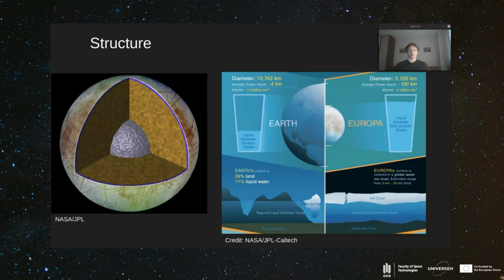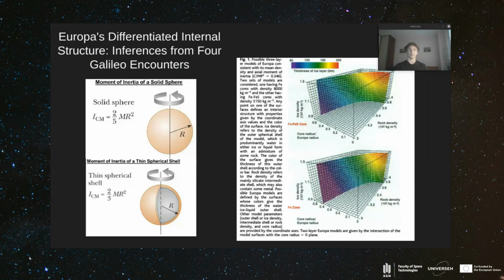Now I would like to discuss more deeply an interesting thing that's connected with measurements on Europa. We will go a little bit in depth about the moment of inertia of Europa.